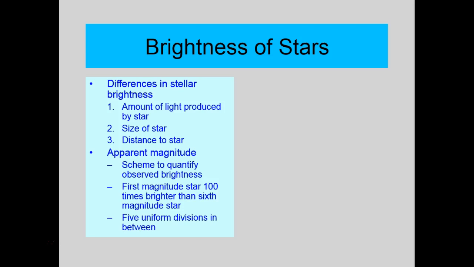So there's a range of 100 times of brightness there. Okay? So they make 5 uniform divisions between these 6 magnitudes. You have one here, the first and sixth here, 2, 3, 4, 5. And that's 6. So you have the 5 uniform divisions in between those. They're approximately 20 times magnitude each time.